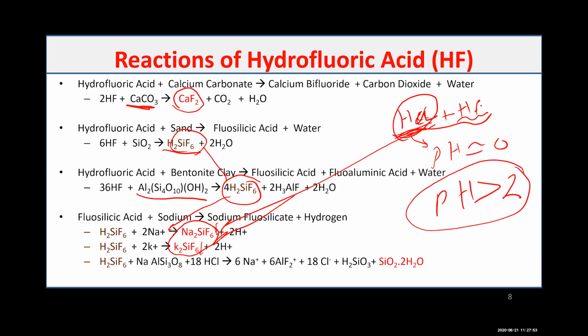So if you have carbonate, HF will directly react with the calcium carbonate and produce calcium fluoride, which will precipitate. That's why we do not always start with HCl, HF. We start with HCl first.